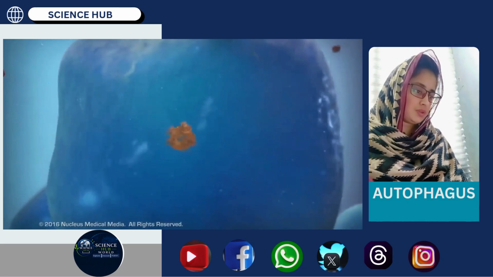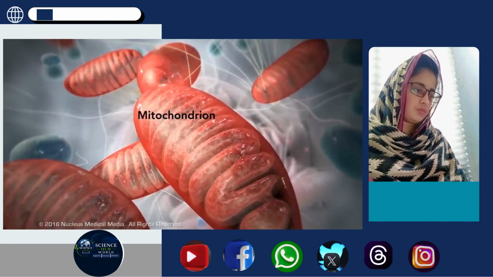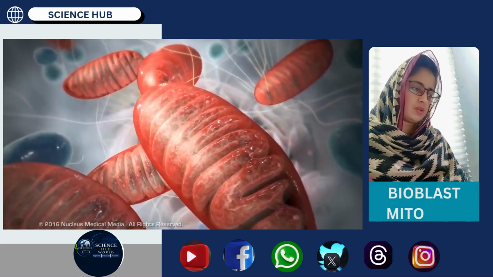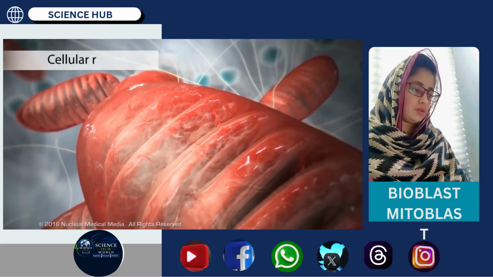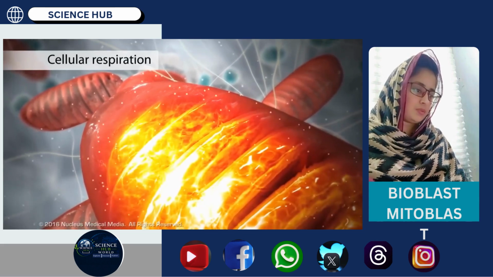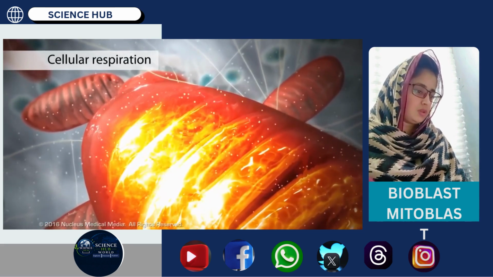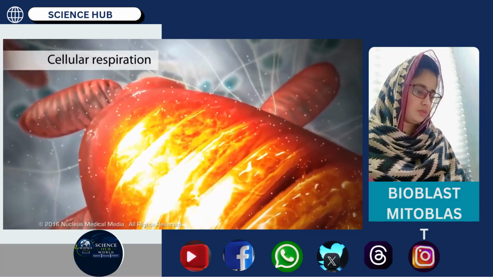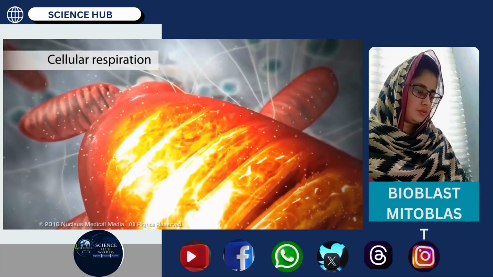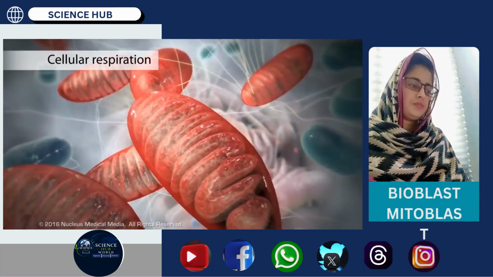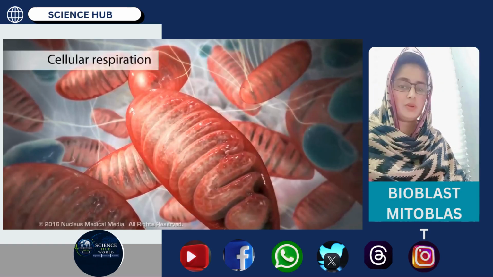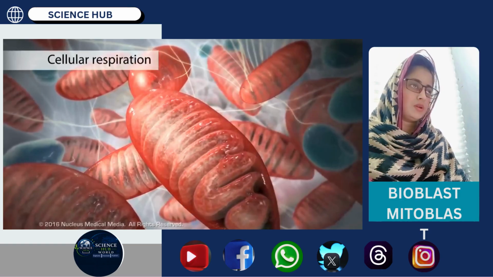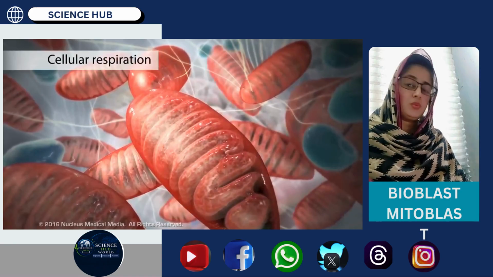Here you can see next is mitochondria. They are also known as the powerhouse of the animal and plant cells. These organelles, mitochondria, are also known as the bendablast, or microblast.